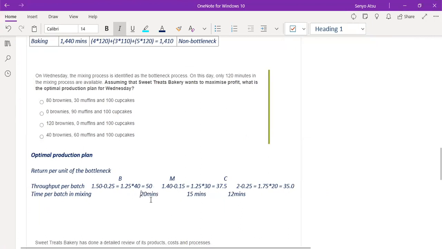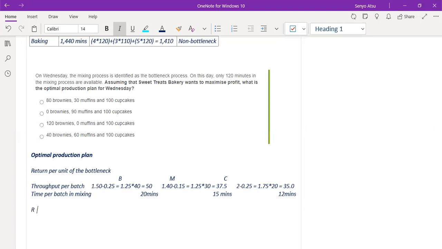And this is where the trouble is, being consistent with the calculations when you have fractions. So return, which is throughput per minute in mixing: 50 divided by 20 is 2.5.